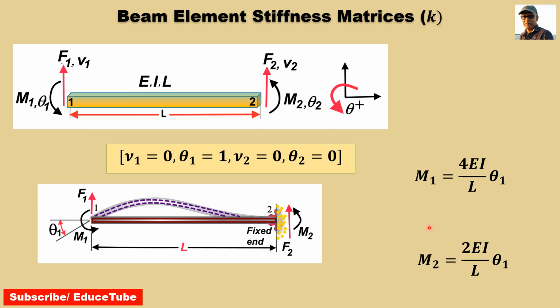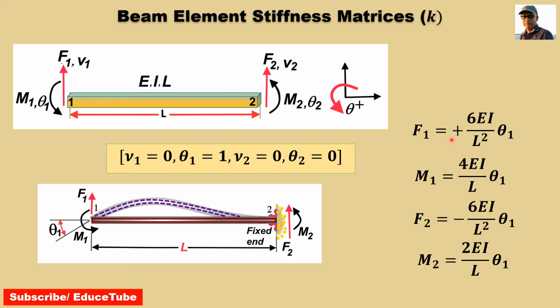Then only we can make these relations. So F1 will be very easy: this plus this divided by L. We will get F1. Again this plus this divided by L, we will get F2, but there will be a negative sign.